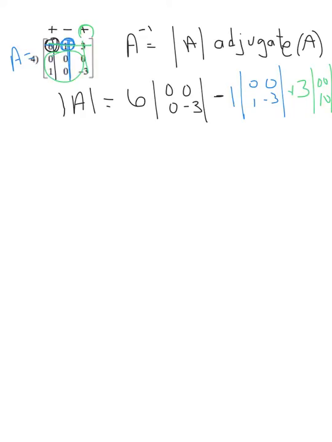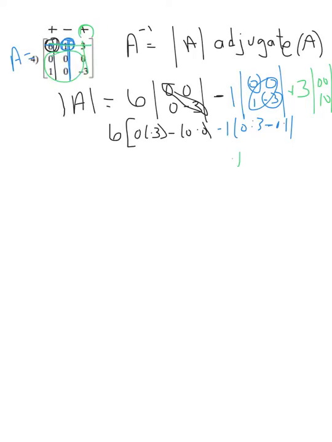Okay, let's see if we can come up with what this is. So we've got 6 times, okay, these two minus those two: 0 times negative 3 minus 0 times 0. Then for the blue, it will be minus 1 times 0 times negative 3 minus 0 times 1, plus, and we have a 3, times 0 times 0 minus 0 times 1.